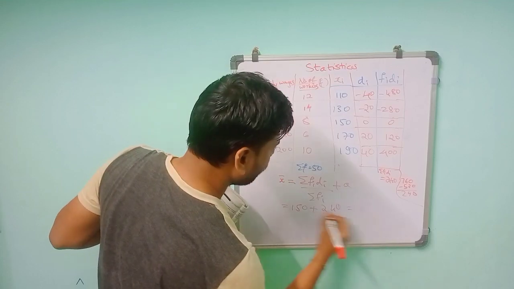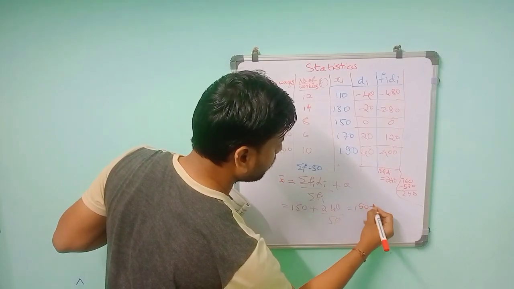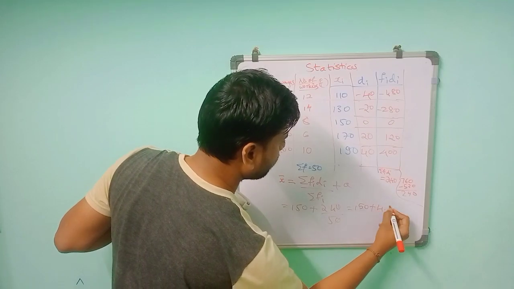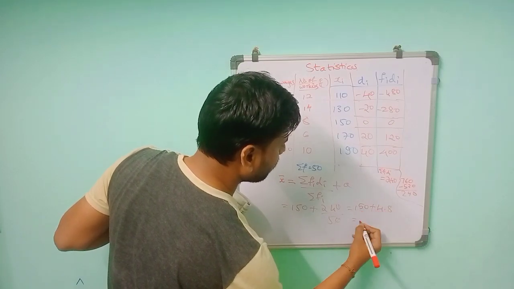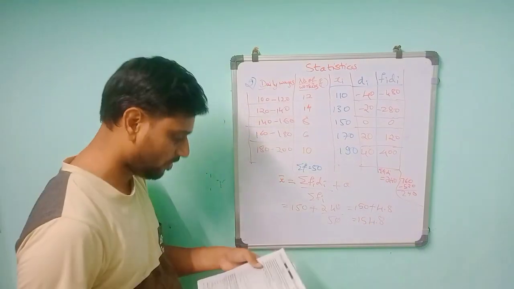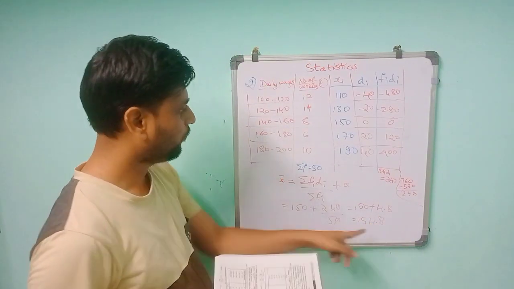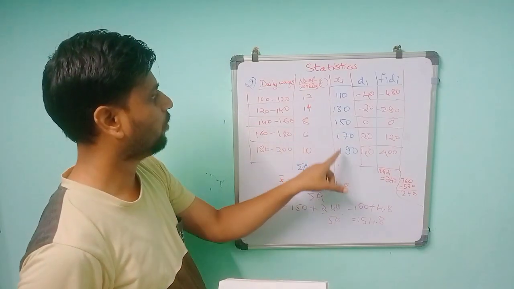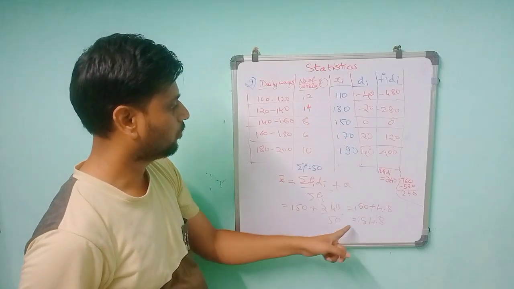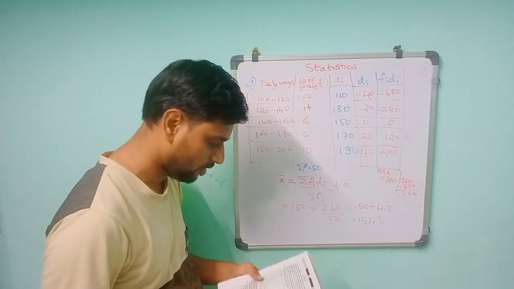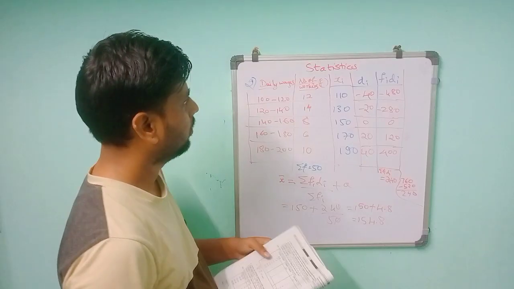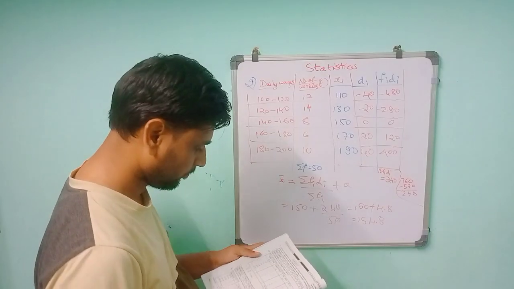So this is 150 plus 24 by 5, which is 4.8. This will be 150 plus 4.8, so we got the value 154.8. So it is in the range of 110, 130, 150, 170, 190. So 154.8 is the daily wage of the workers.